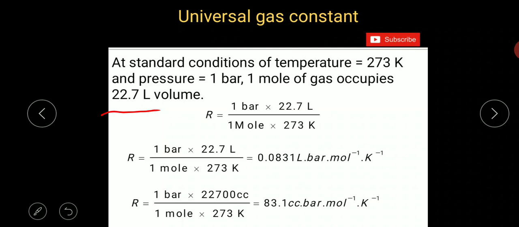In this expression, if you replace 22.7 liters by 22,700 centimeter cube, then R value will become 83.1 centimeter cube bar mole inverse Kelvin inverse.